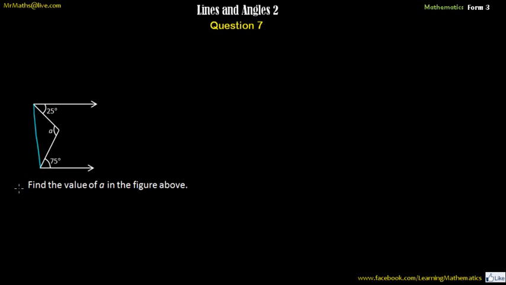Yes, that blue line is actually a transversal. Then, if I name this angle as alpha and this angle as beta, what is the relationship between alpha and beta? Yes, they are interior angles, and as such, alpha plus beta is equal to 180. The total of 2 interior angles is 180.